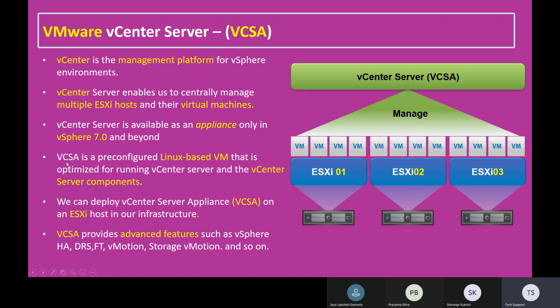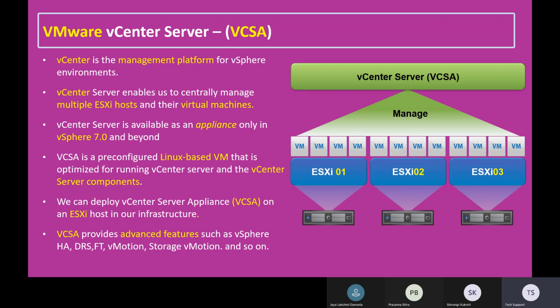Okay, and VCSA is a pre-configured Linux-based VM. The base OS is Linux. On top of Linux, VMware developed the vCenter Server software. So that's why they say it is a pre-configured Linux-based VM optimized for running vCenter Server and its components. Similarly, when we install the ESX server, it has a list of services like NTP, SSH, SNMP, hostd, and vpxa. These services come by default, and the ESX server also has default components like the vSphere host client, SSH, and DCUI.